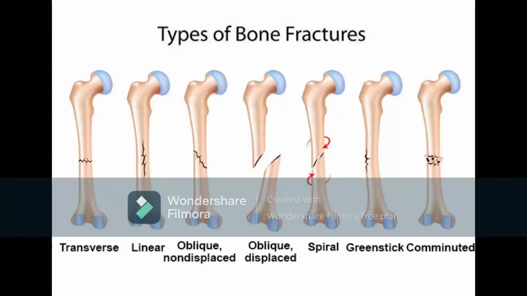Now, the second type of traction is called Russell. Russell, look at what part of the leg. Be careful. What part of the leg? The thigh. What do you see under his leg? A footboard.